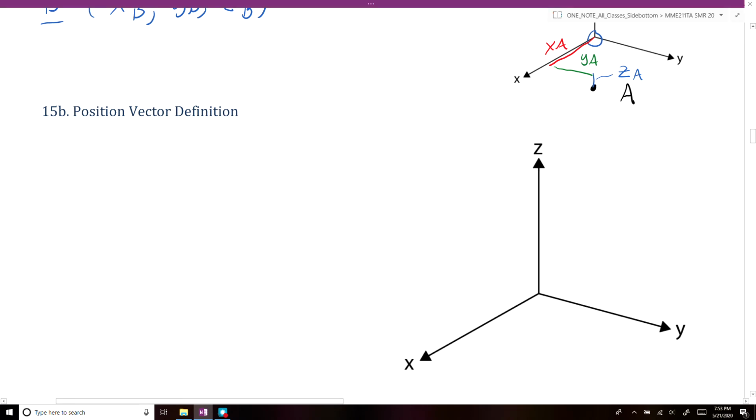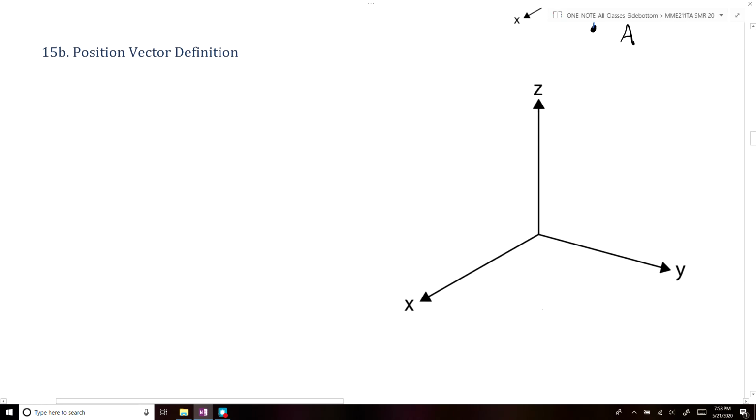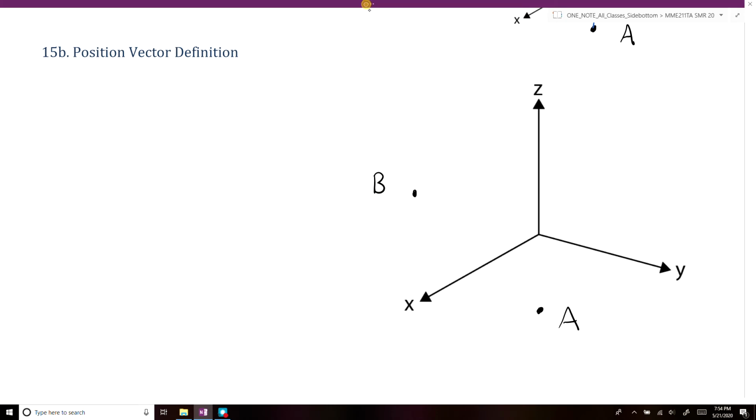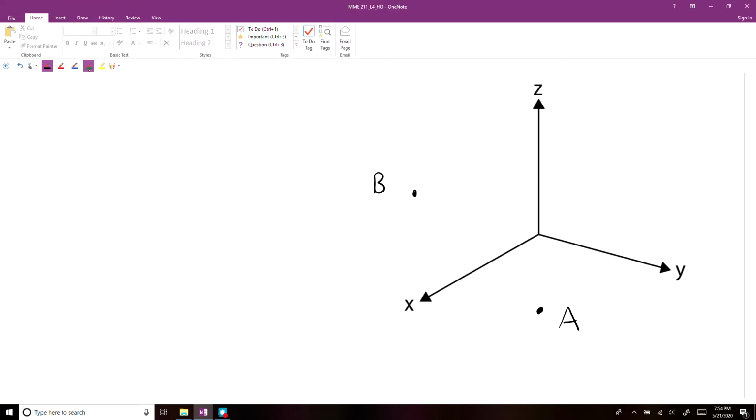So if we redraw our 2 points of interest, we have point A here, and we have point B. What we can do is use the two vectors we just defined earlier.